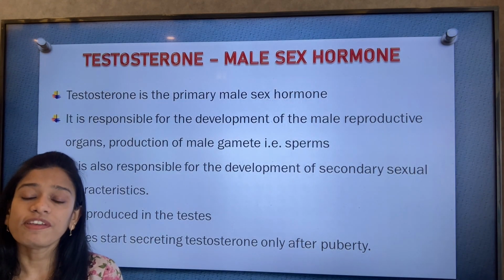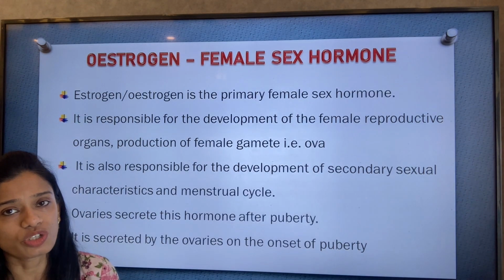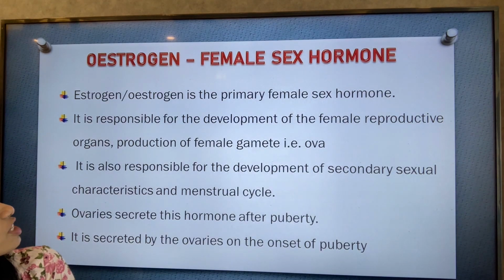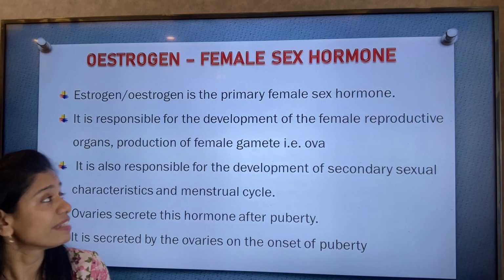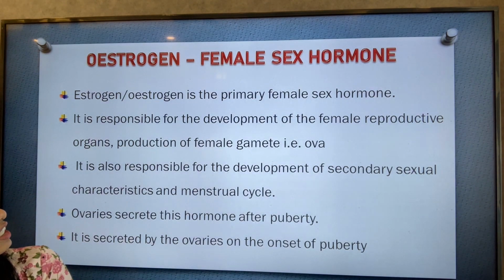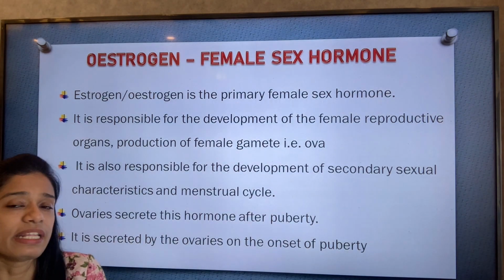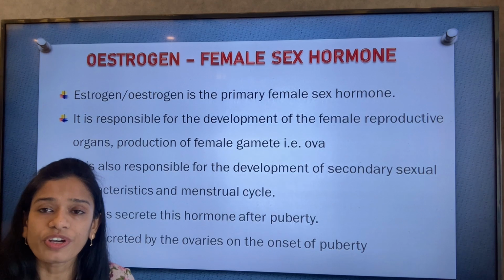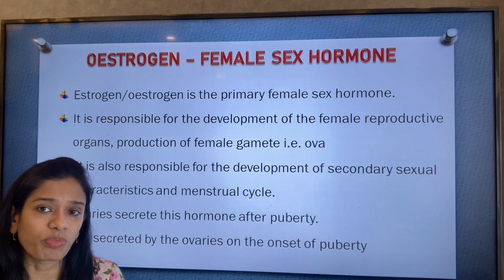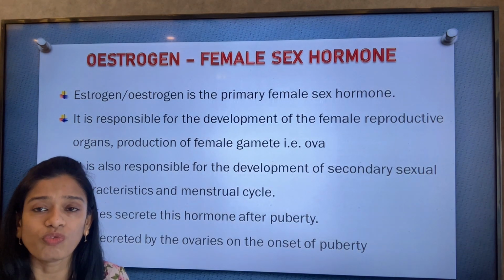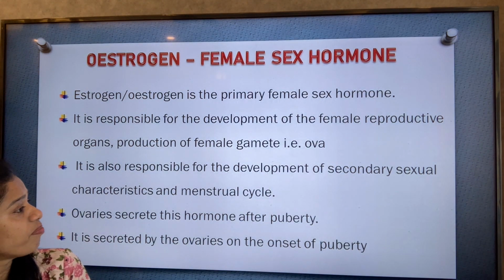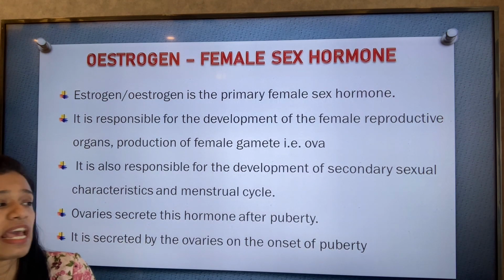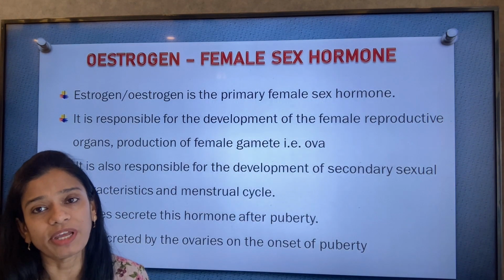Moving on to the female sex hormone, oestrogen or estrogen. Oestrogen is the primary female sex hormone. It is responsible for the development of the female reproductive organs and production of the female gamete, that is the ova. The ovaries produce both the female sex hormone estrogen as well as the ova, or the egg or ovum. It is also responsible for the development of secondary sexual characteristics and the onset of the menstrual cycle.